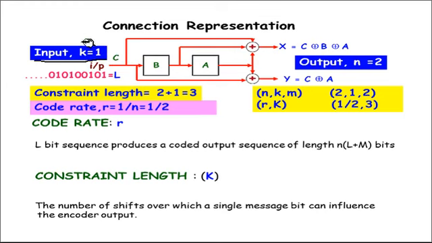It means one input bit will be accepted at each time and it will give correspondingly 2 output bits. That's why the value of n is n equal to 2. So the overall representation in the format n, k, m is: n is 2 output bits, k is 1 input bit, and the memory blocks which are actively present in the encoder are 2.